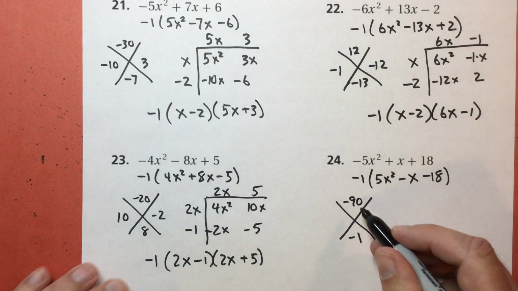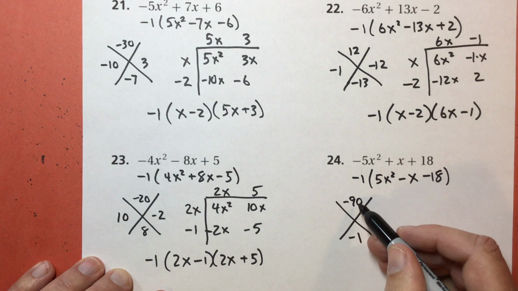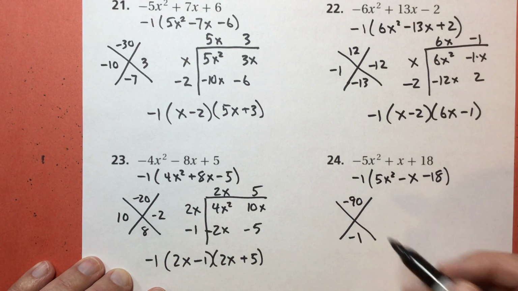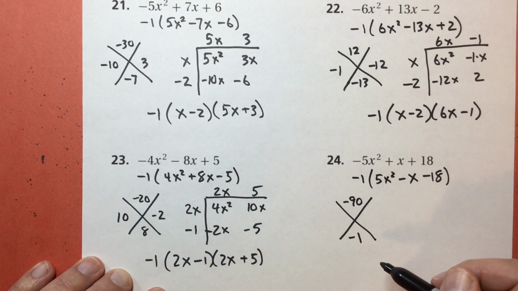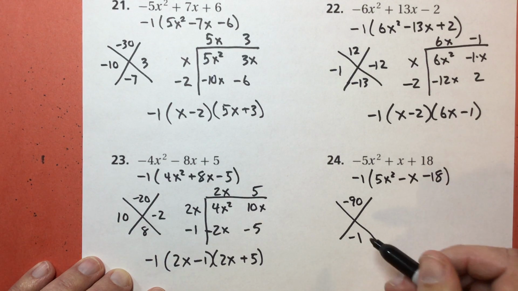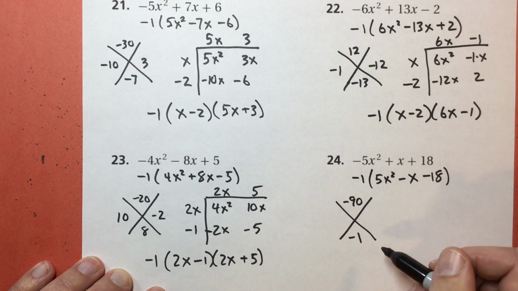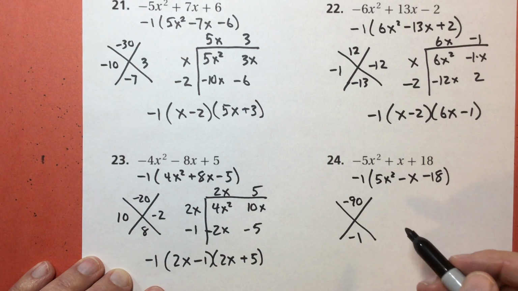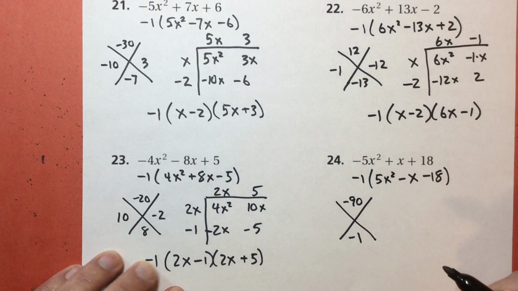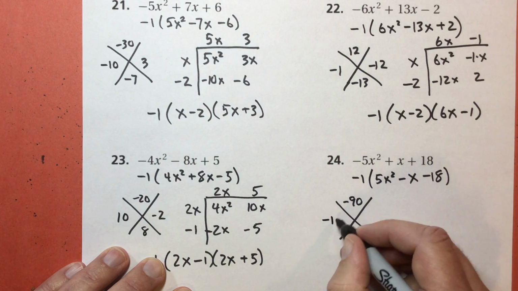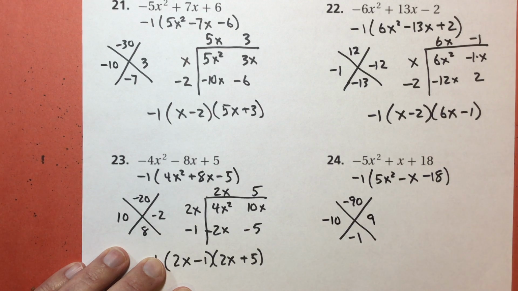Now, you can make a list of all the factors for 90, negative 90 actually. That's going to be 1 times 90, 2 times 45, 3 times 30, 4 doesn't go into it, 5 times 18, because I got the 5 and the 18 here, right? And eventually you're going to get down to negative 10 and positive 9.